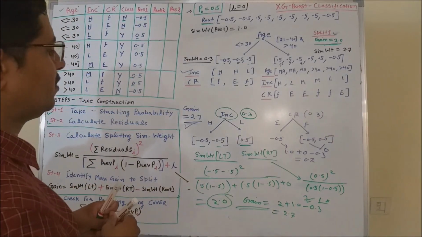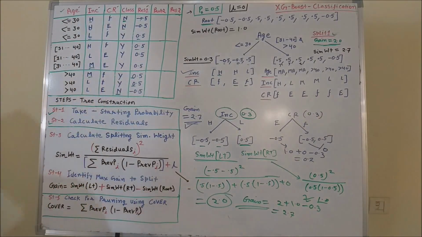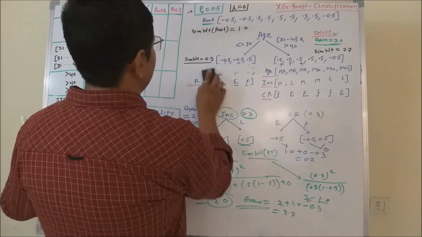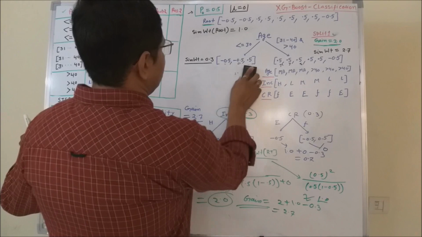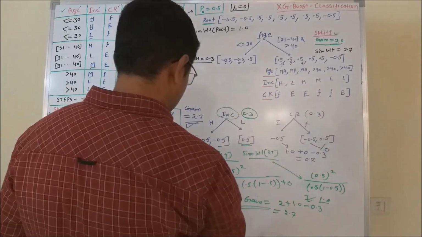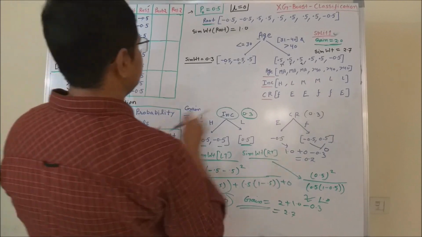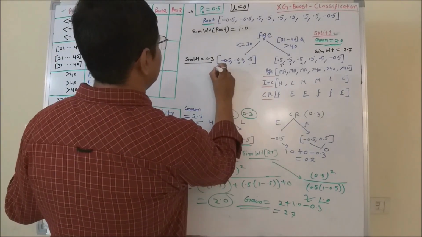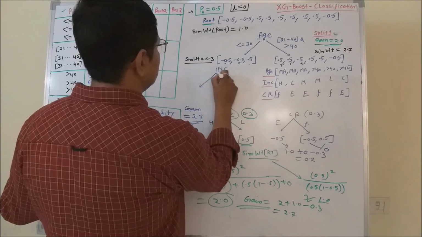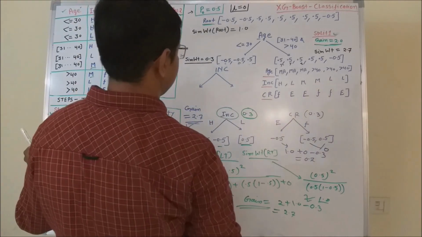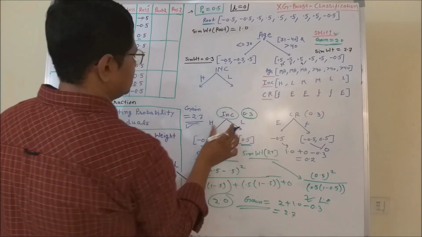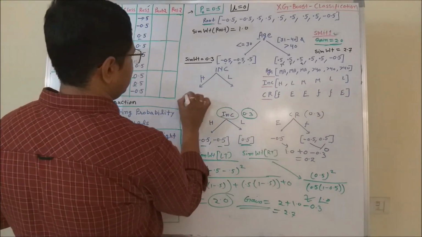So how will it be possible? We can easily draw or change it like that. So based on the income, we can make two more splits. First is based on high and second is based on low, like that.